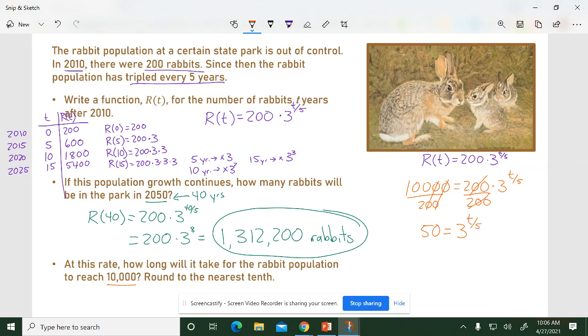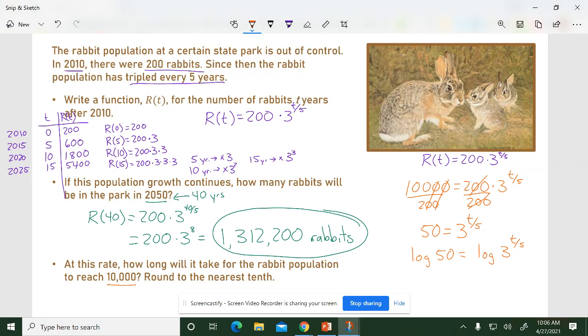Now, the problem we have is our variable is stuck in the exponent. And the only way we can get a variable out of an exponent is to use a logarithm. And so what we're going to do is take a logarithm of both sides. So we're going to say log of 50 equals log of 3 to the t over 5 power.